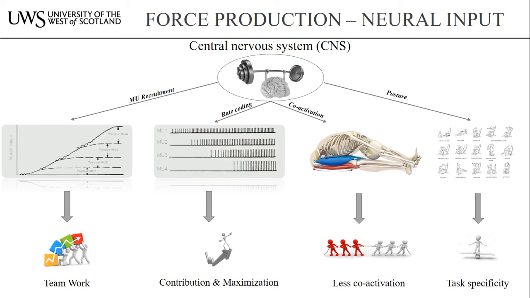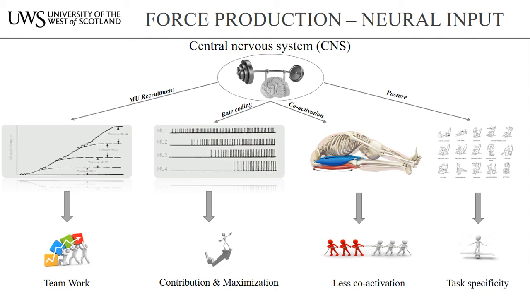In this regard, it's very important to remember that the neural system uses some strategies when determining the specific, I would say, amount or number of motor units to be recruited in order to accomplish a specific task.